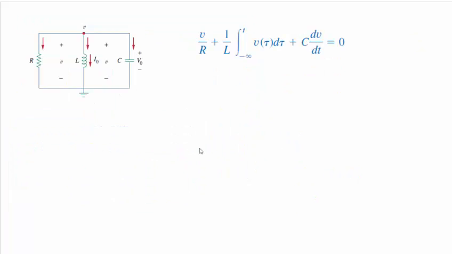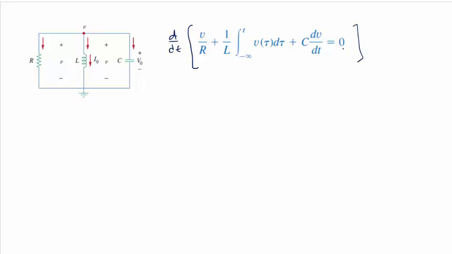So continuing on here, I just transferred over. Here's our KCL. So we have an integral and a derivative in there. That's not a real pleasant form to work with. So what we do then is we take the derivative of both sides one more time, d/dt of both sides of this equation.